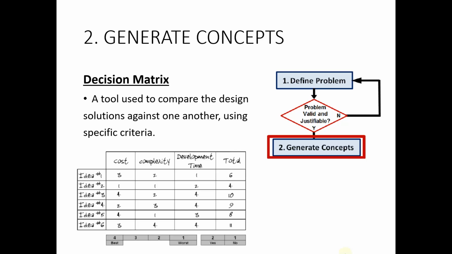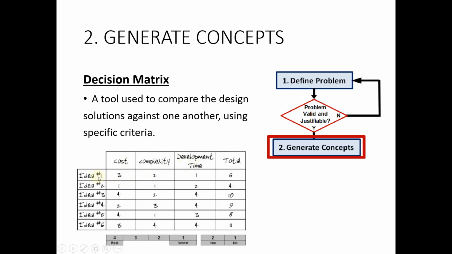So here you can see 6 ideas have been generated by discussion. These are the different constraints or criteria that are applied. The 3 criteria: one is cost, second is complexity, third is development time. So these are the 3 criteria that are considered.